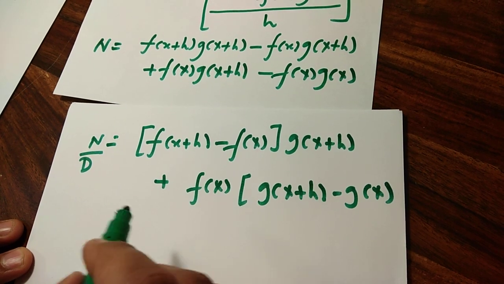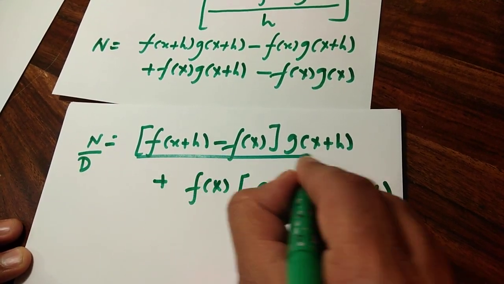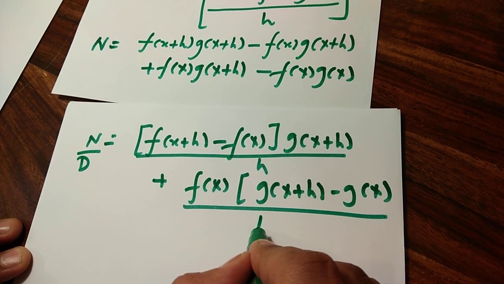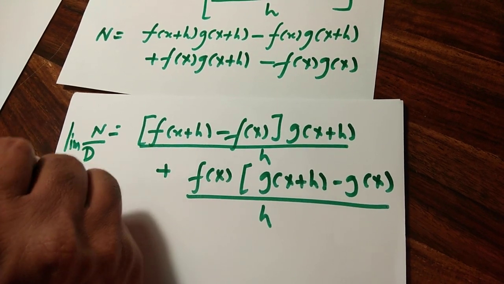Divide by the denominator, which is h, and take the limit as h goes to 0.